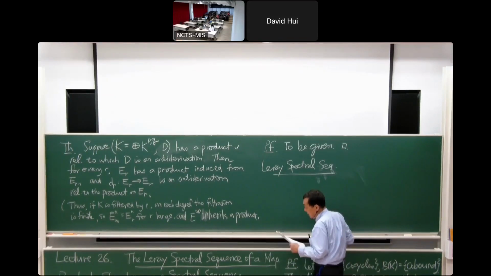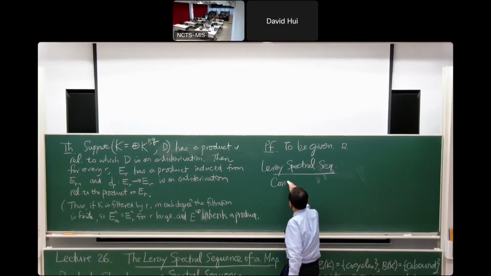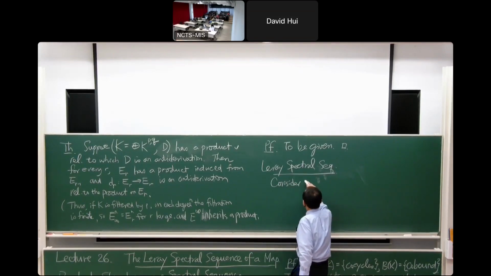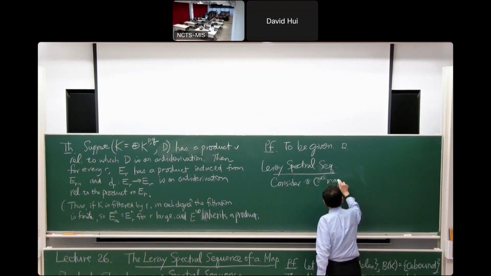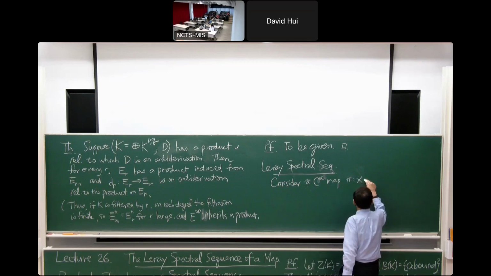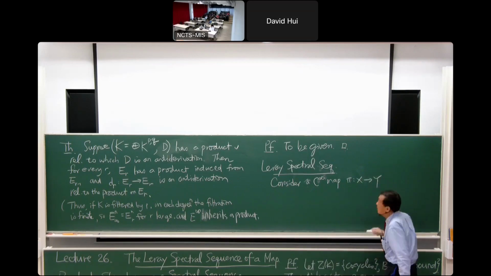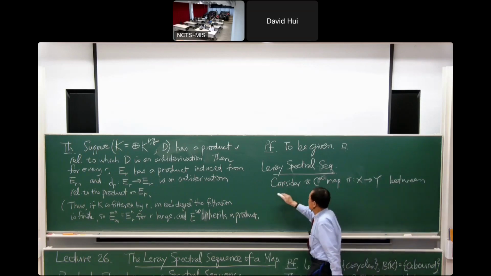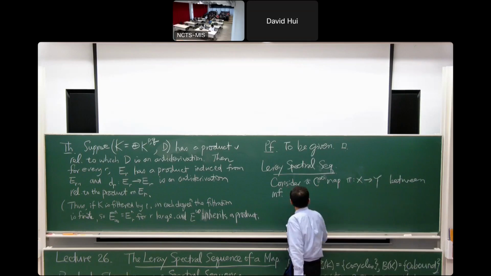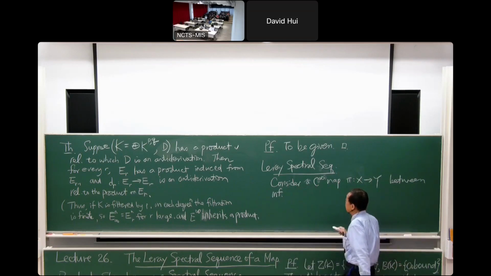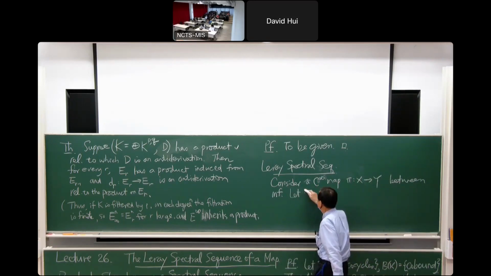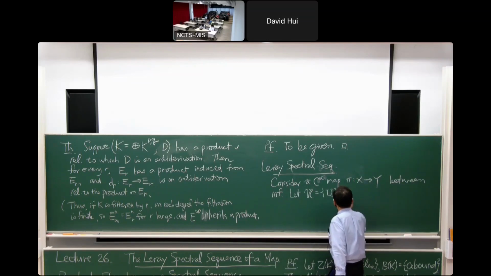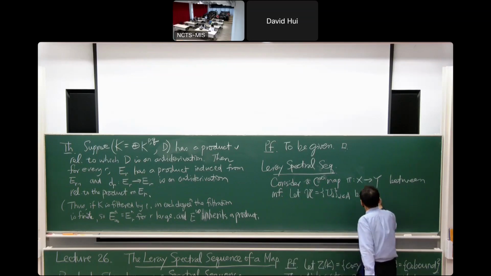So consider a C infinity map, pi, from X to Y, between manifolds. And let U be an open cover of Y.